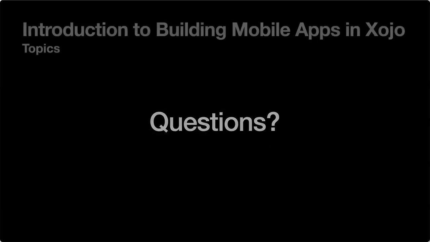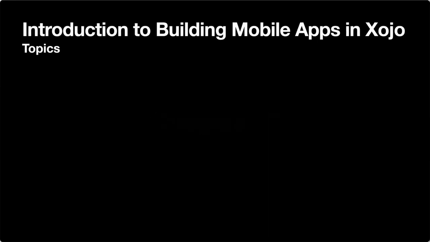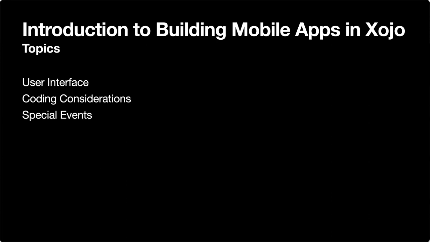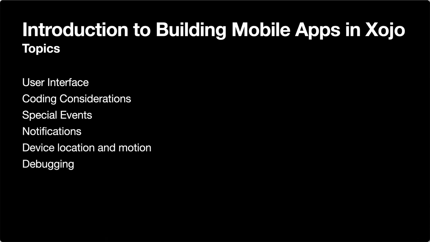So let's talk about what we're going to cover in this webinar. We're going to be covering user interface, coding considerations, special events that are somewhat unique or different in mobile apps, notifications, device location and motion, debugging, security, deployment, and last but not least, preparing for Android.